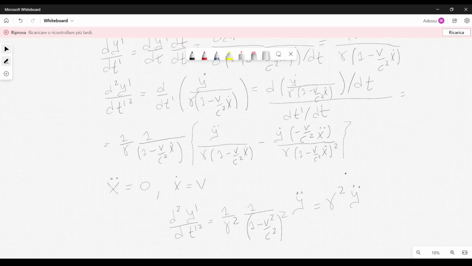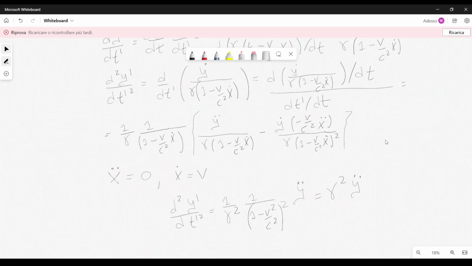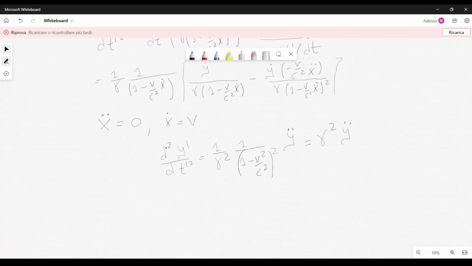Now if we substitute back into the y component of Newton's second law, we know that we have m d squared y prime over dt prime squared equal to q e prime y, and this becomes m gamma squared d squared y over dt squared equal to q gamma (ey minus v over c bz).